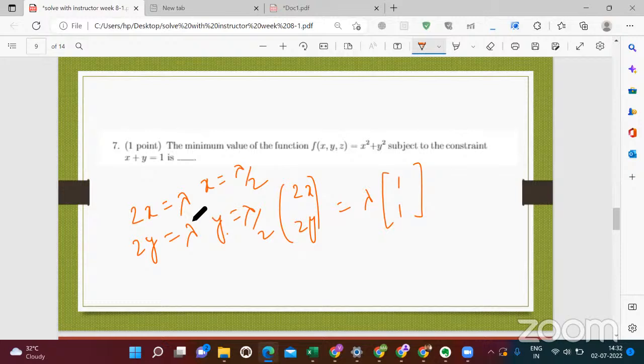Yeah, but we got two equations, right? x equals lambda by 2 and y equals lambda by 2. From here, how will you solve that? I was thinking, if A equals B and B equals C, then A equals C, so we say that x equals y.